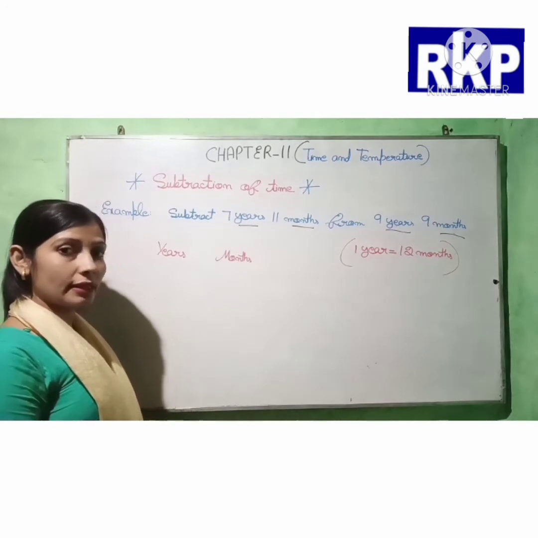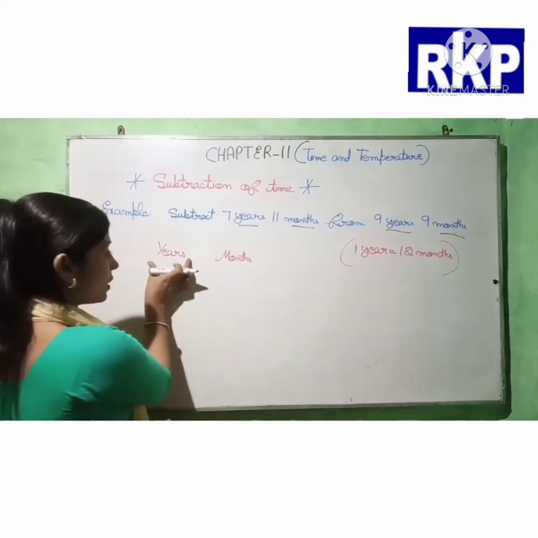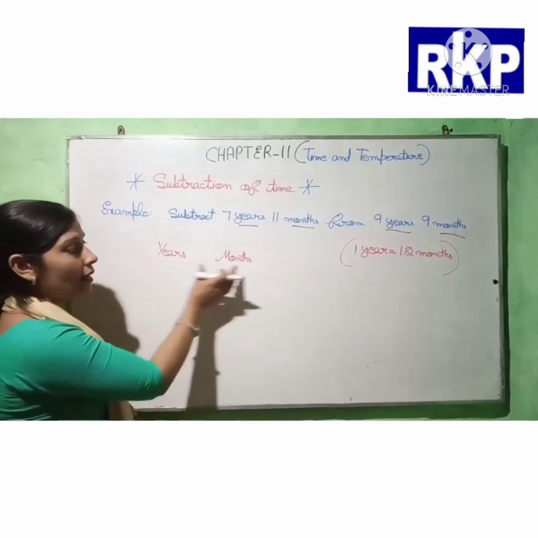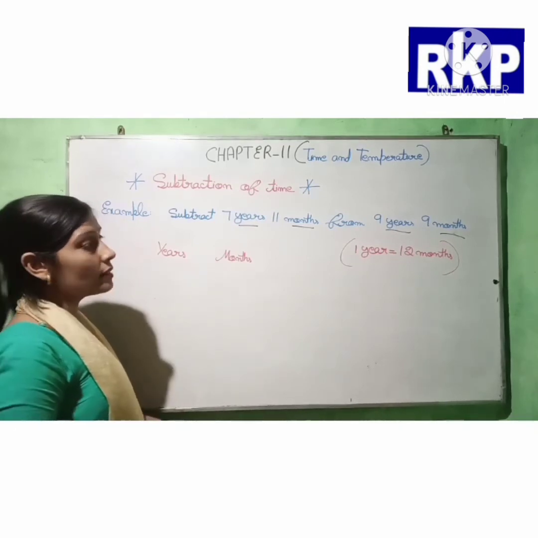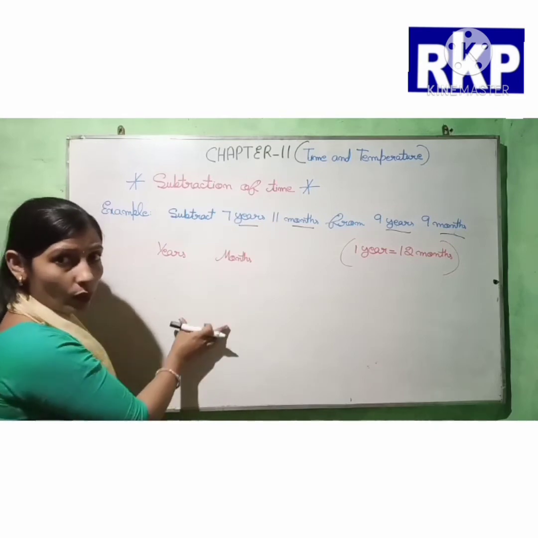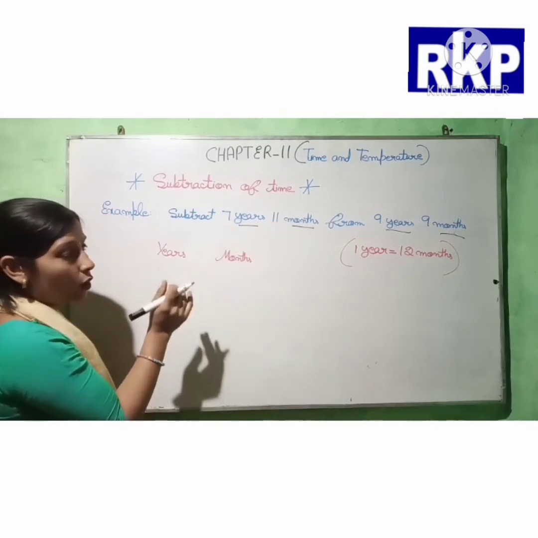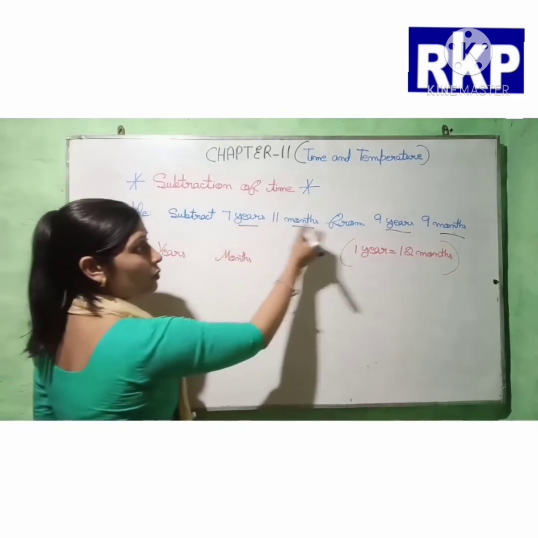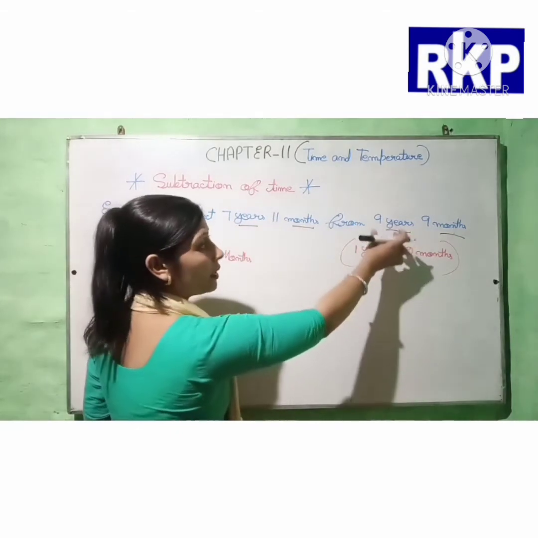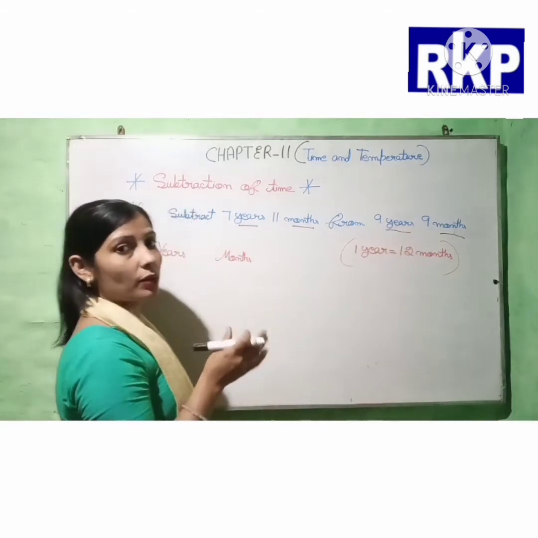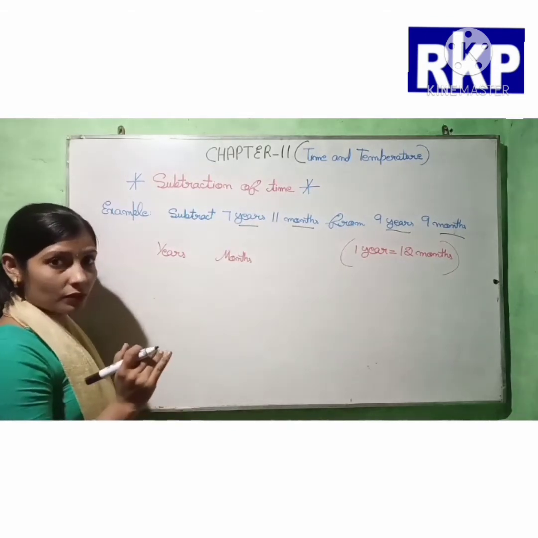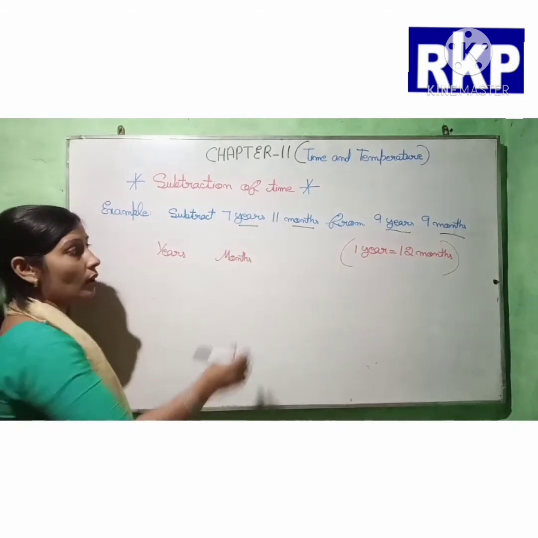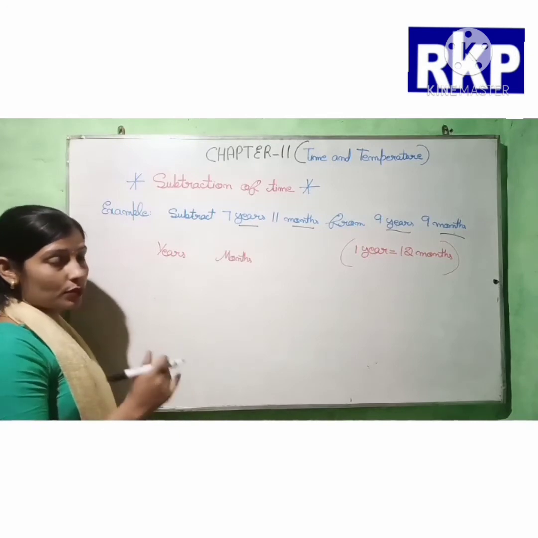So year is greater than months. Okay. Now we have to arrange these according to column. And now beta, we have to subtract this from this. So 9 years, 9 months we have to write on the upper side, and 7 years, 11 months we have to subtract. So this we have to write on the downside.